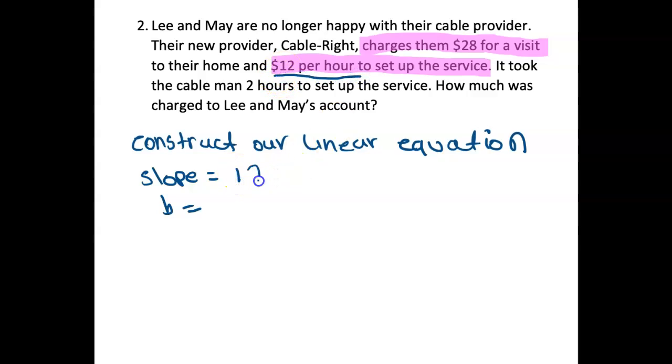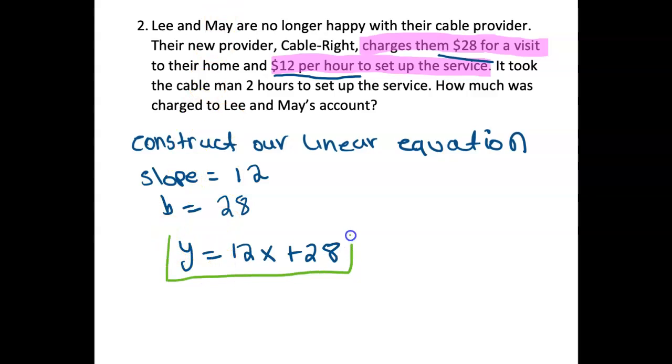So this is what's going to change. And then the fee for the visit is $20. So that's the fixed amount. It doesn't give you any specifics on the type of variables to use, so we can continue using y and x. So we can say y equals 12x plus 20. This is our linear model.